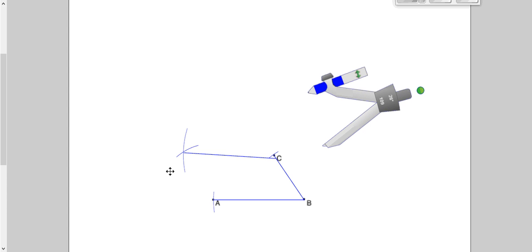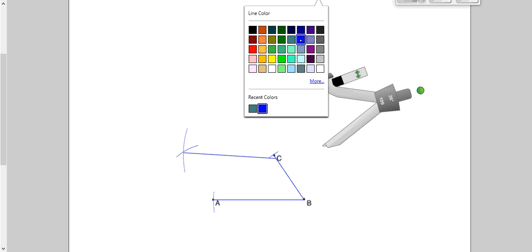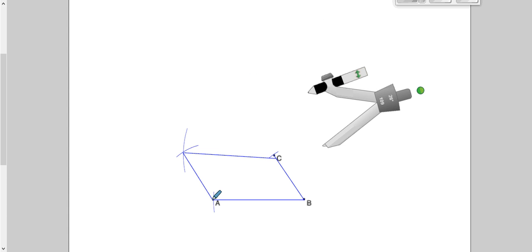My digital thing just won't land on that point. It's baffling to me. But anyway, so now this is point D, okay?